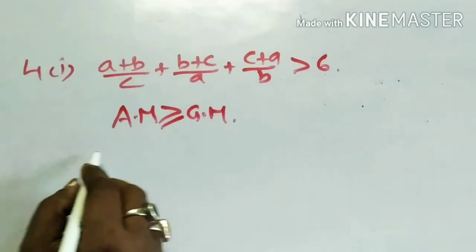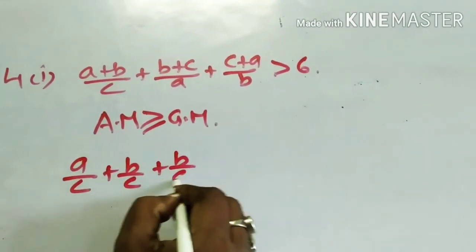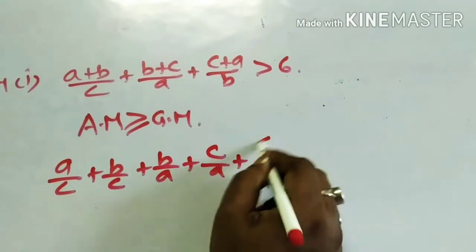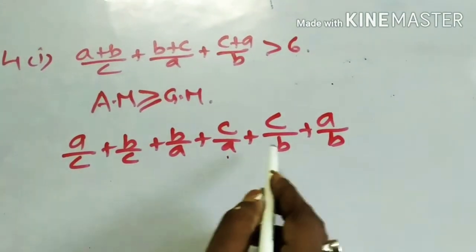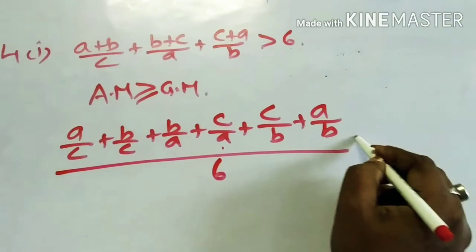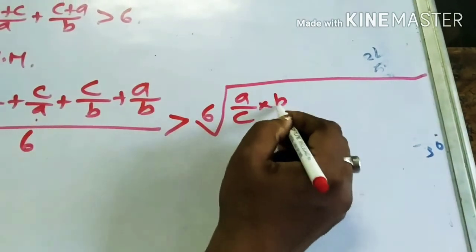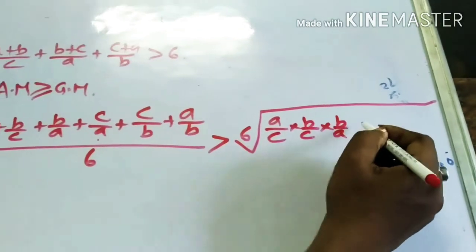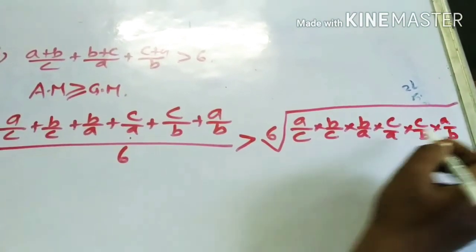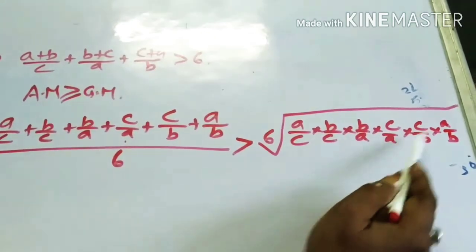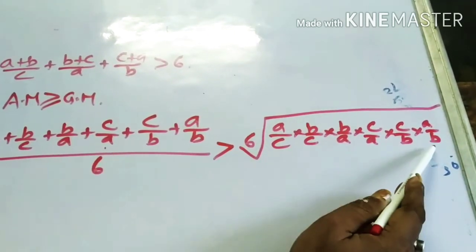So here I can write A by C plus B by C plus B by A plus C by A plus C by B plus A by B. There are 6 terms, 1, 2, 3, 4, 5, 6, divided by 6, greater than the 6th root of A by C into B by C into B by A into C by A into C by B into A by B. Here you see A cancels out, C cancels out, B cancels out, only 1 remains.